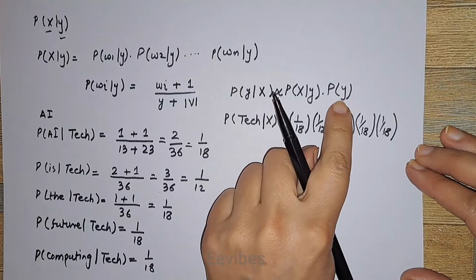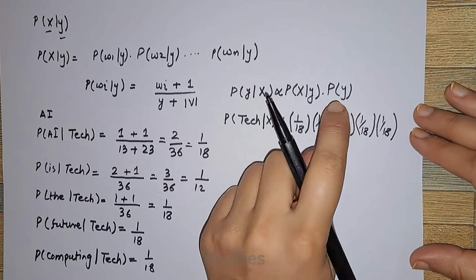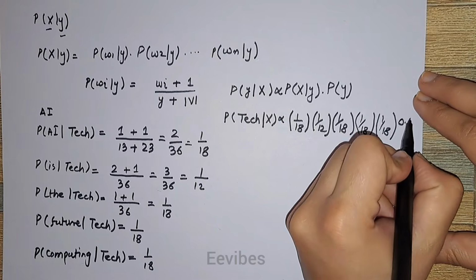And we determined the probability of class tech, that was equal to 1 over 2 or 0.5.